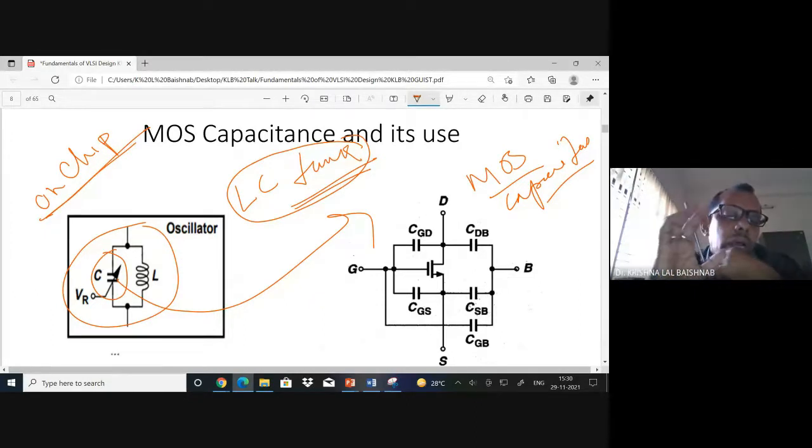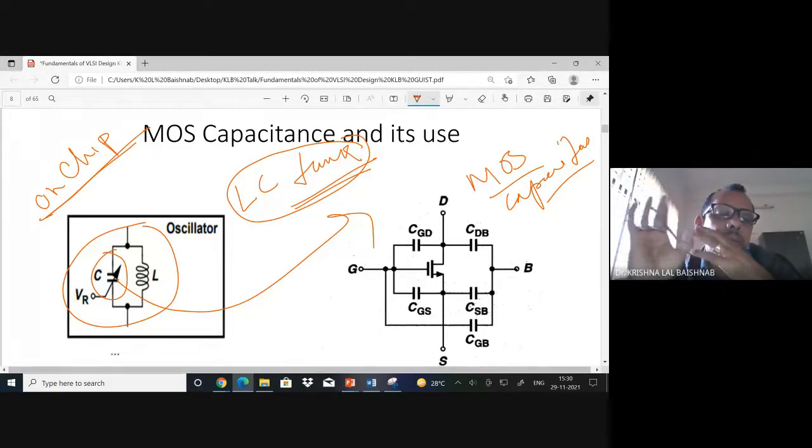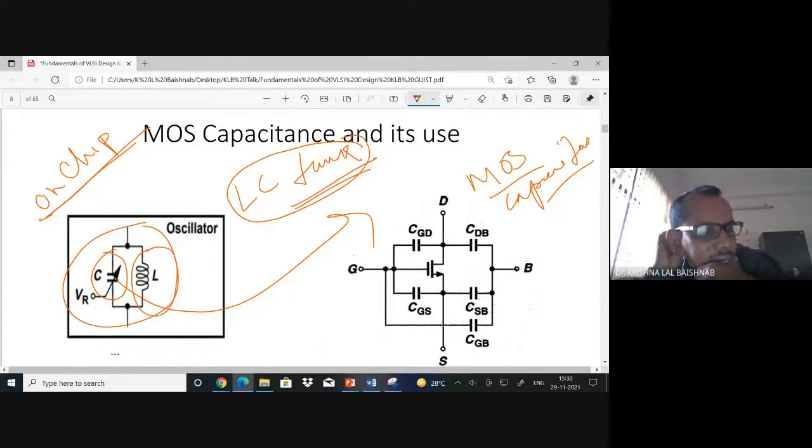Passive devices cannot be put into the chip. So the diagram that we showed is basically passive devices, but these are replaced by the MOS. The inductor also we can design by OTA. There are so many active inductors.